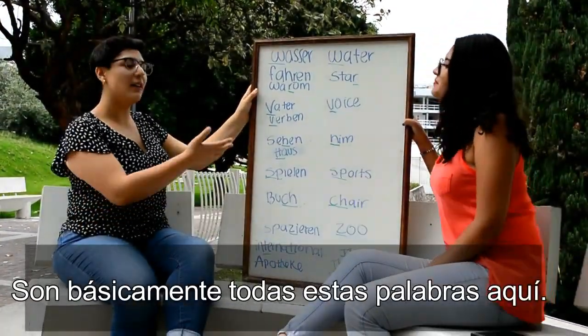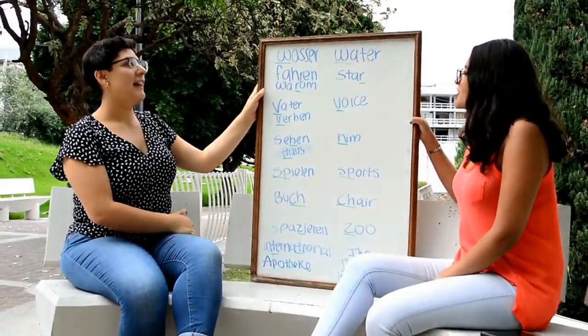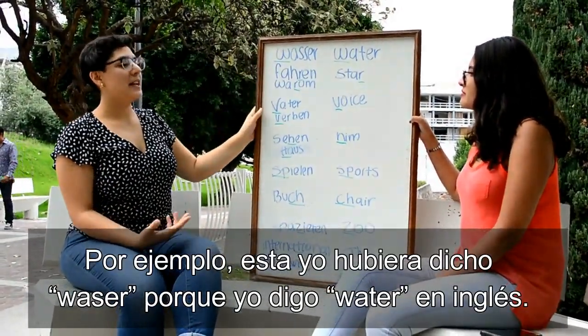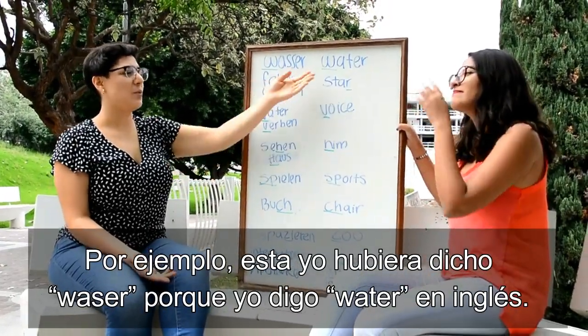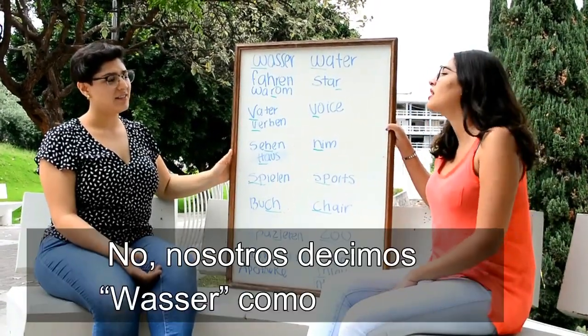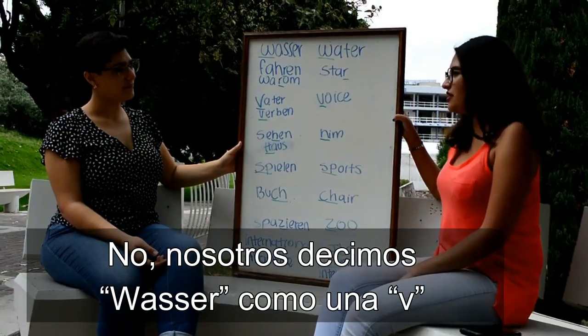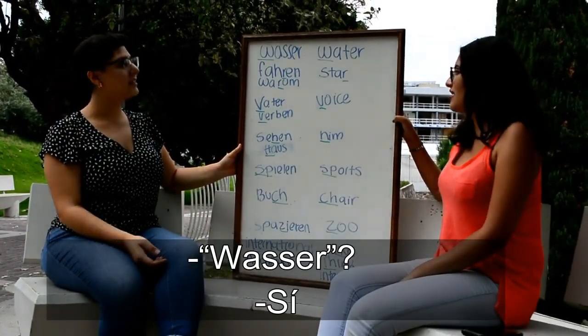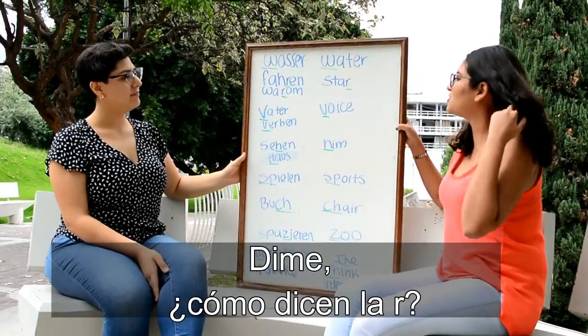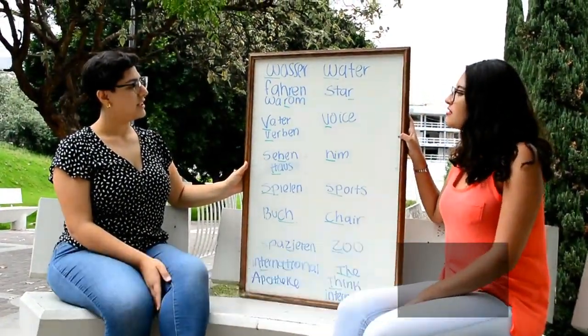It's basically all of these letters in here. Like, for example, this one I would have said water because I say water in English. No, we say Vasa, like a V. Vasa. Yes. So tell me, how do you say the R?